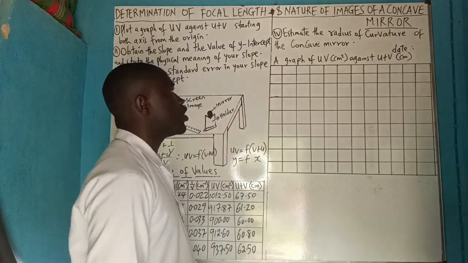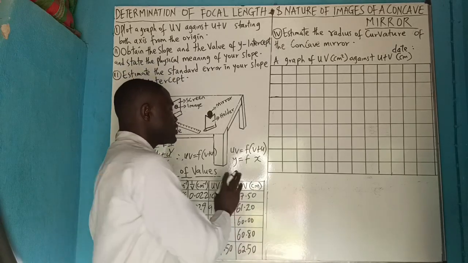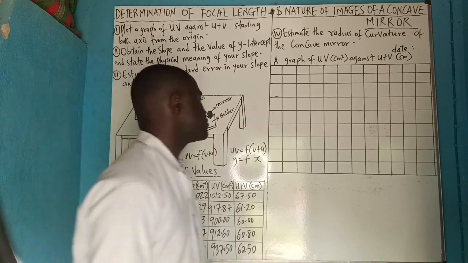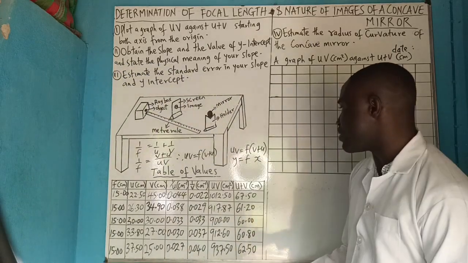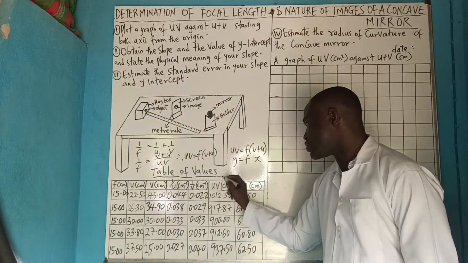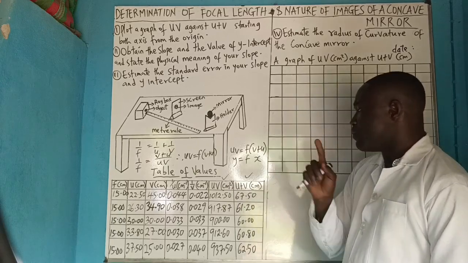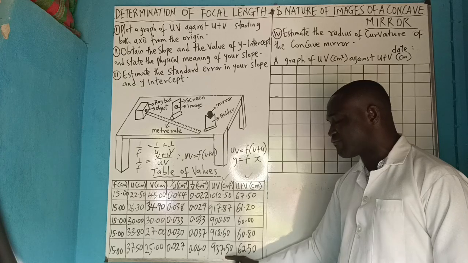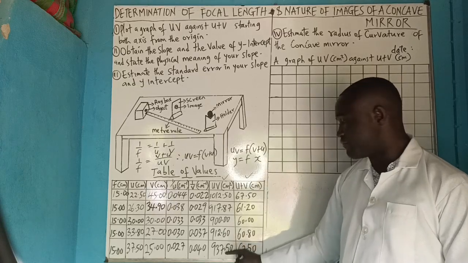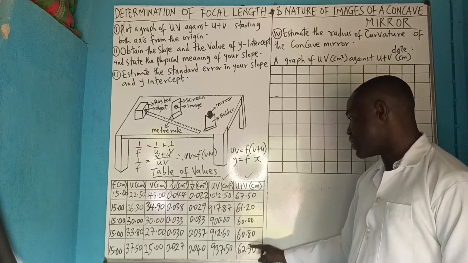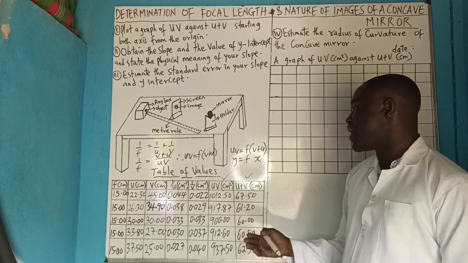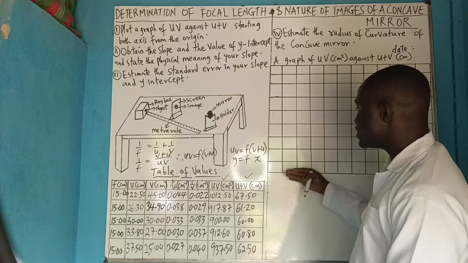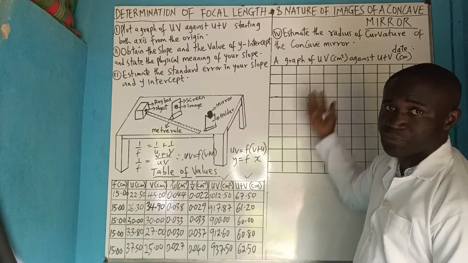Once you write your title, remember that they said starting both axes from the origin. Look at what you have to plot. The lowest number we have here is 937.5 and the lowest for this one is 60. If we are starting from the origin, we have an issue: we have empty or vacant space.